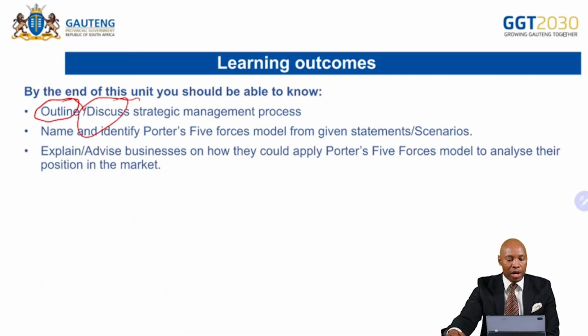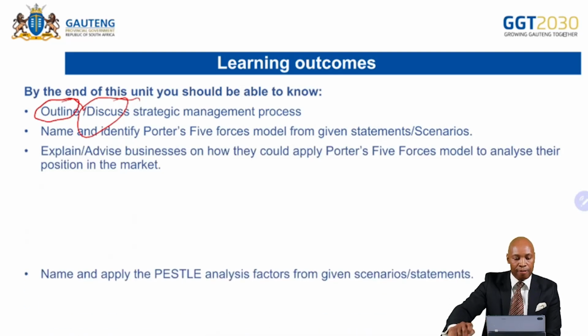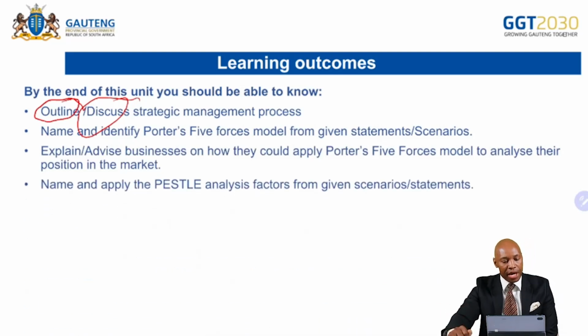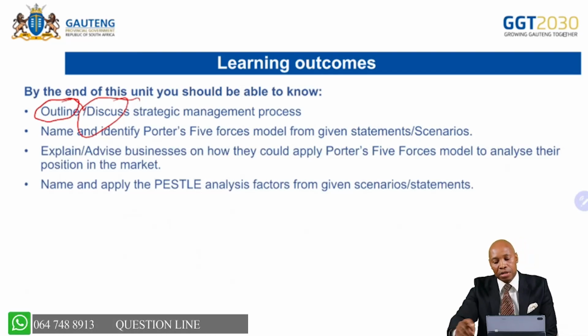Right, you may be required to explain, if not explain, you may be required to advise businesses on how they could apply Porter's 5 forces model to do what? To analyze their position in the market. Right. If not that, you may also be required to name, if not name, apply the personal analysis factors from a given scenario or statement.